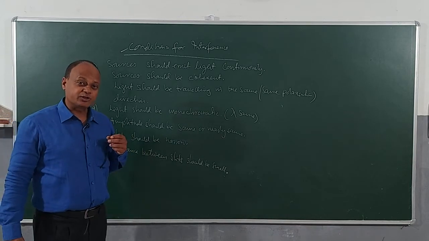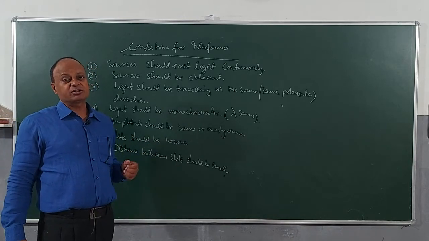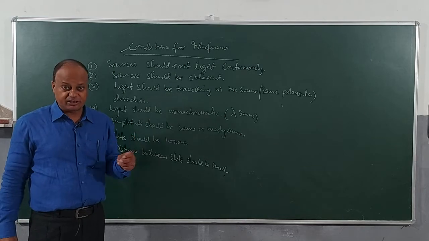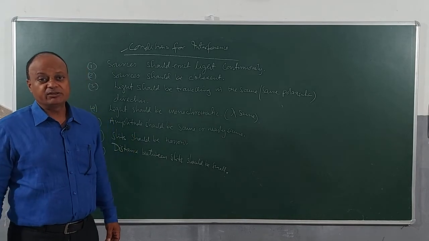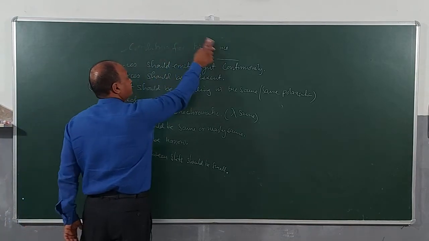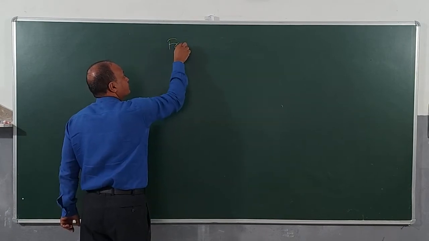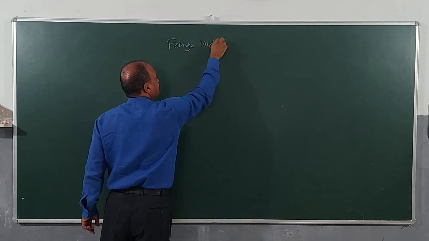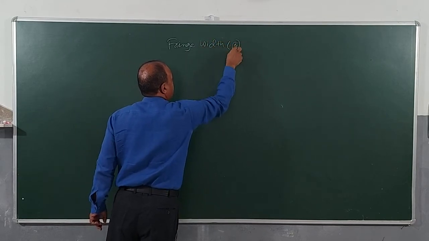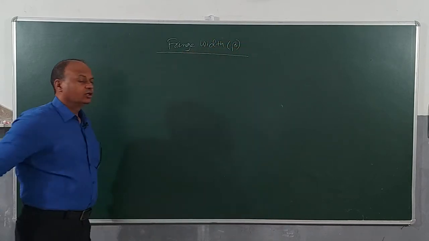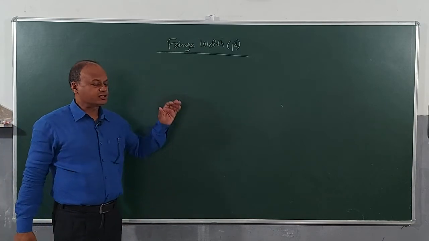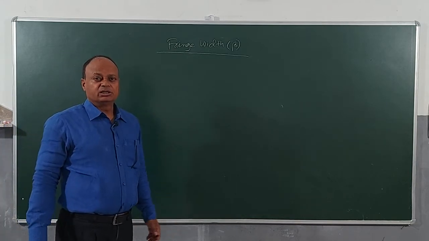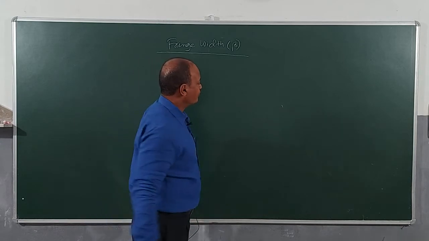Clear? Now, once you understood this, then we will proceed to understand what exactly is fringe spacing or fringe width. Okay? Fringe width. The symbol is beta. For understanding fringe width, children, we will go back to the double slit experiment once again.